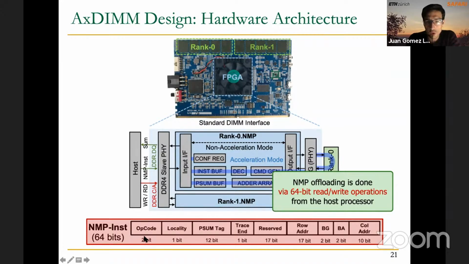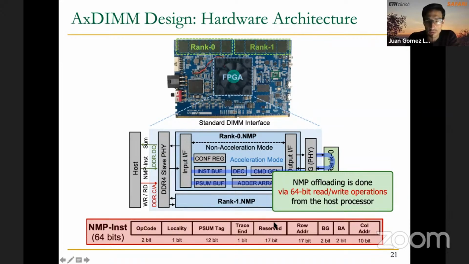There is no comprehensive explanation about all these different fields in the paper, but you can imagine what they mean, right? So for example, the opcode is a 2-bit opcode, so probably we cannot have many different instructions, but also it's not the intention in this architecture, right? So with an opcode of 2 bits, we can only have 4 different instructions.